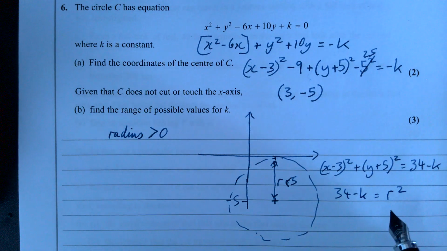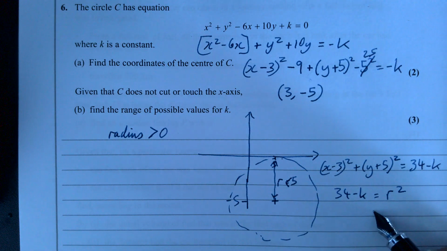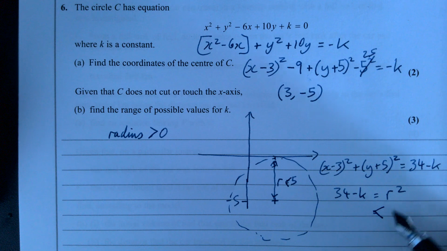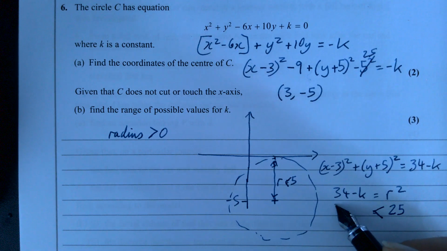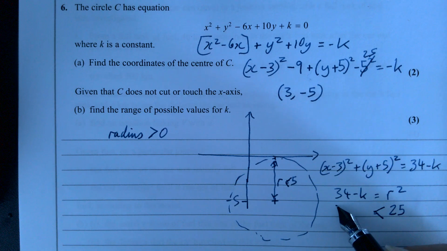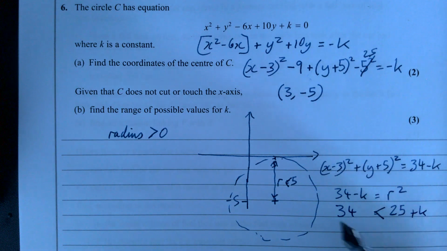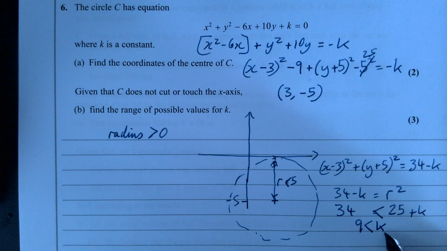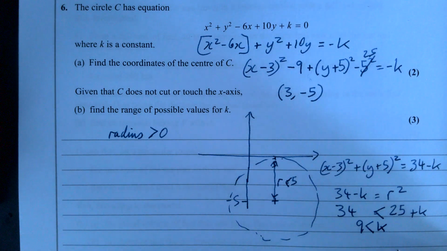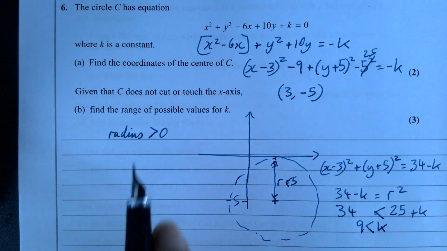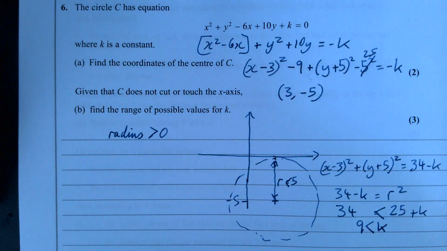So if our radius squared has got a maximum of 5 to it, then it's going to be smaller than 5 squared, which is 25. So 34 minus k is smaller than 25. I'm going to add the k to the other side, take the 25 away from 34, and that gives me k must be bigger than 9.